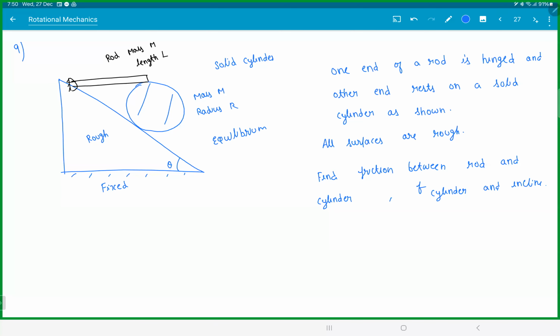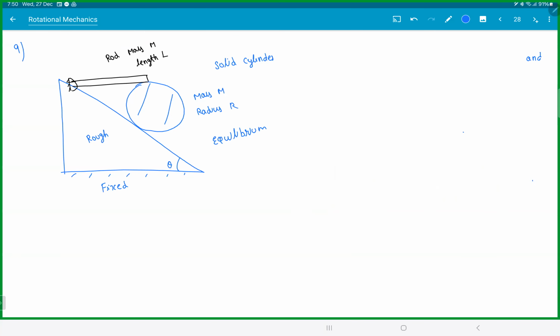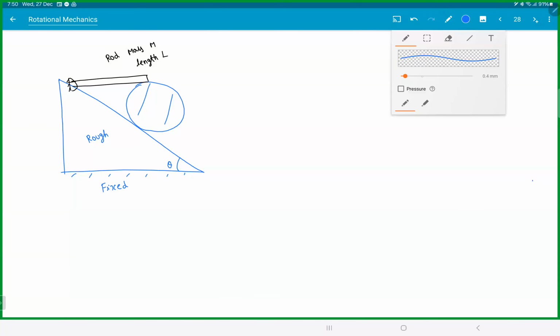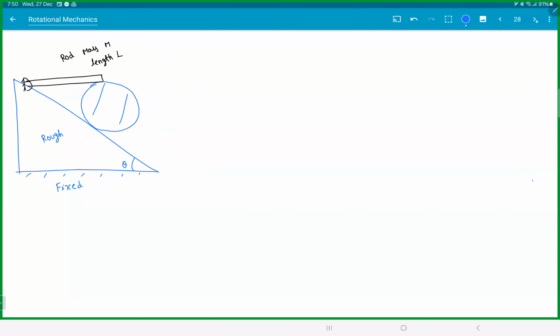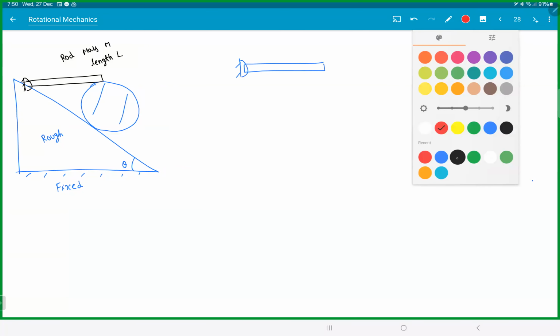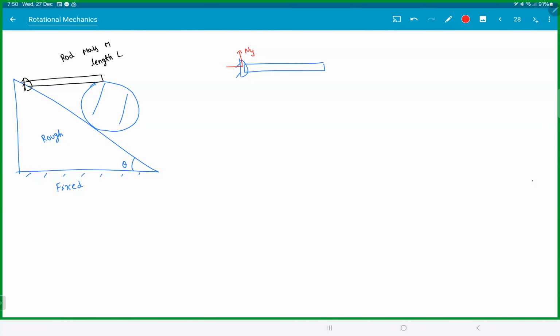Check your free body diagrams first. First the rod: Ny, Nx, your own weight mg, N1, F1.